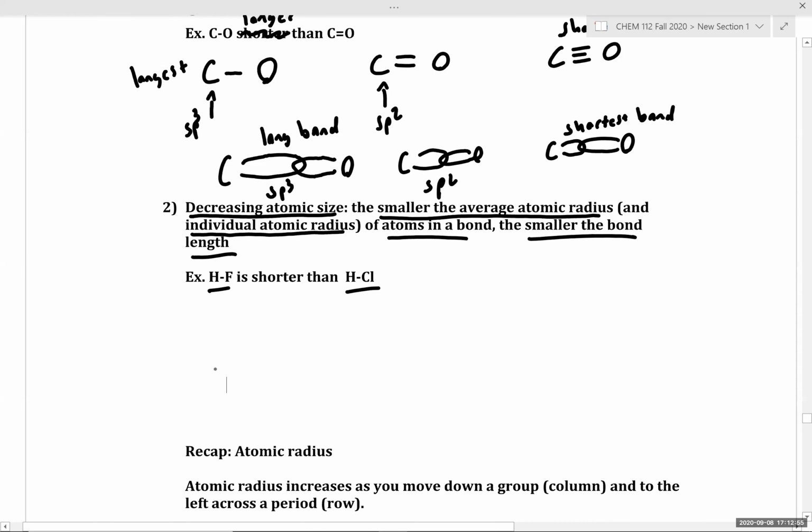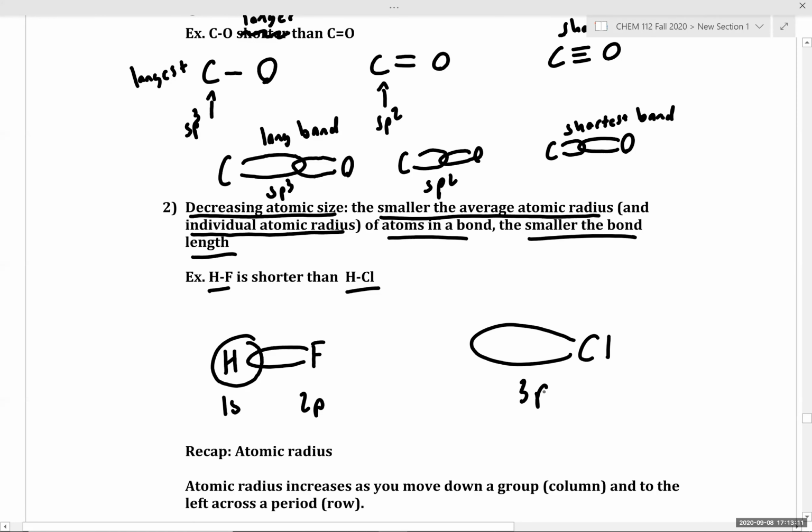So for hydrogen, we have our 1s orbital. For fluorine, we have a 2p orbital, and as a result, we have a relatively short bond compared to chlorine, where we're dealing with a 3p orbital that's farther from the nucleus.